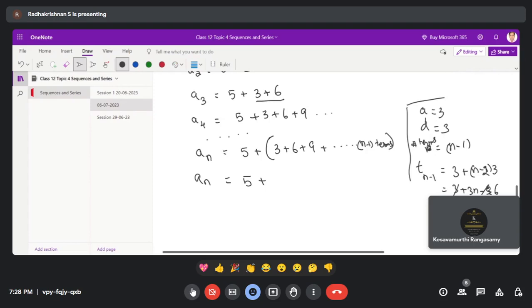So the n minus 1th term is 3 into n minus 1. The first term is where n equal to 2. You put n equal to 2, you get 3. So the second term is 6 and so on. So it fits. So Tn minus 1 is 3 into n minus 1.